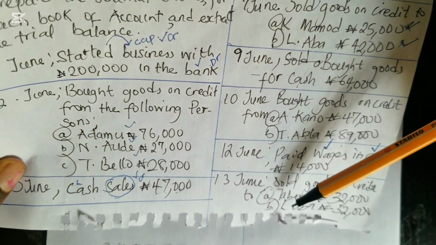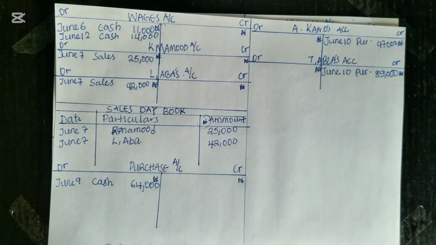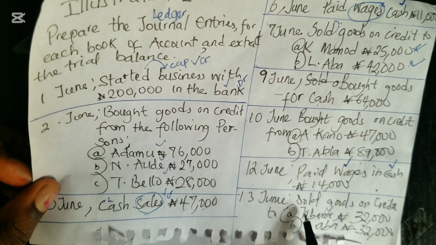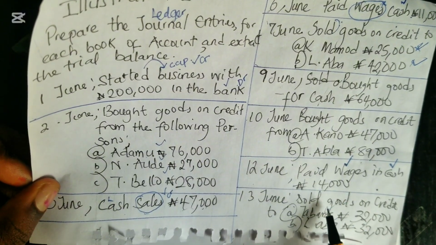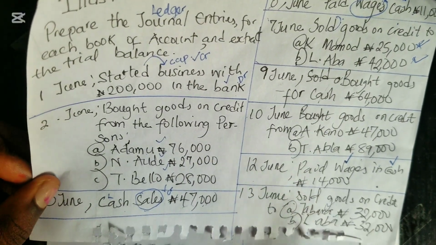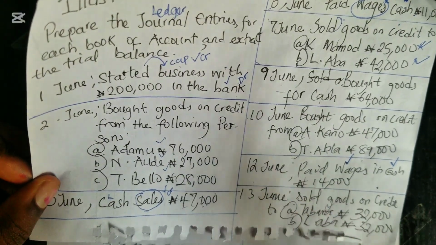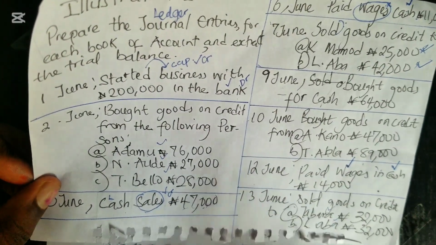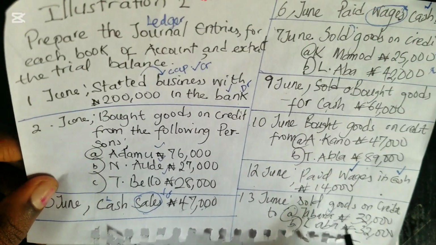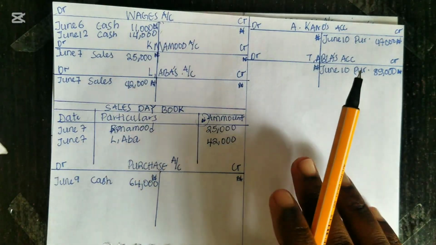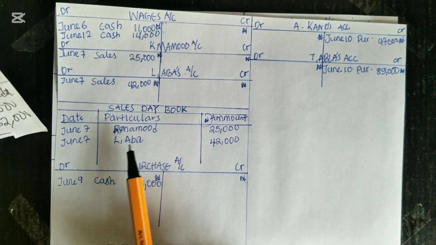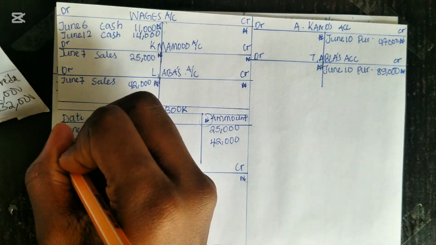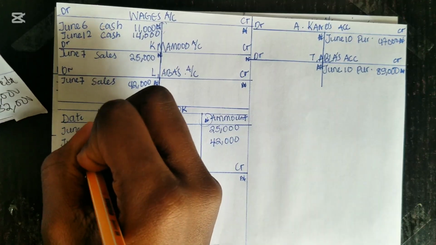So now we're going to prepare this account. First, because we already have the sales on credit, we need a sales day book. And because we have our sales day book, we don't need to prepare that again. We just have to record this. Our sales day book is here, so we can write June 13.